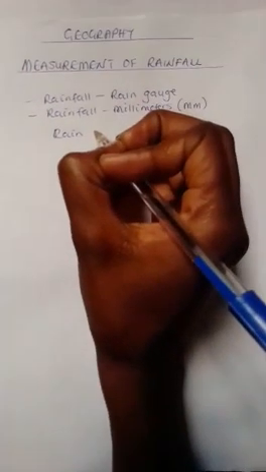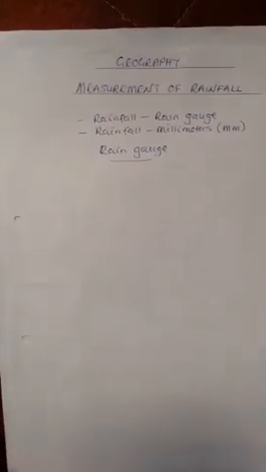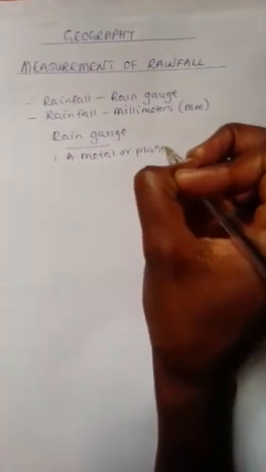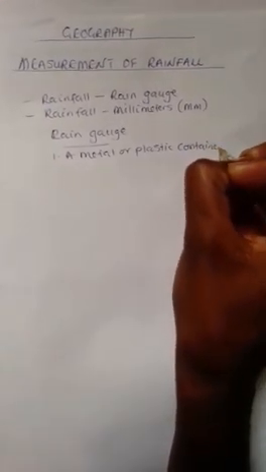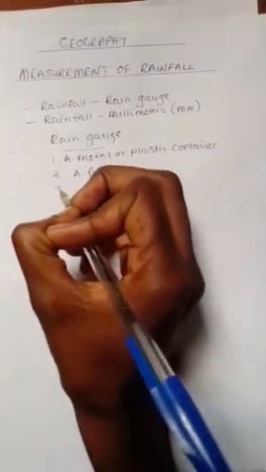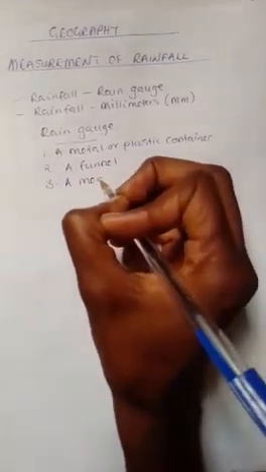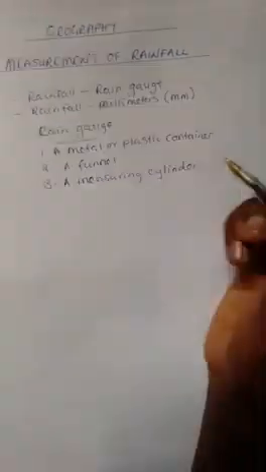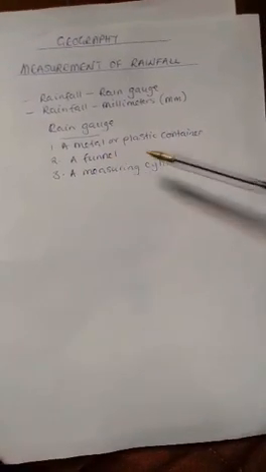The rain gauge consists of the following: number one, a metal or plastic container; number two, a funnel; number three, a measuring cylinder.